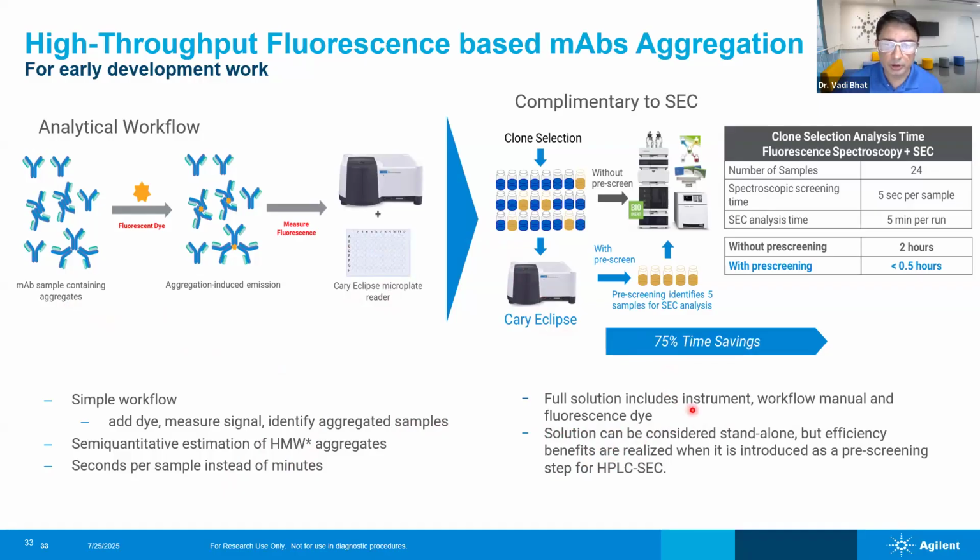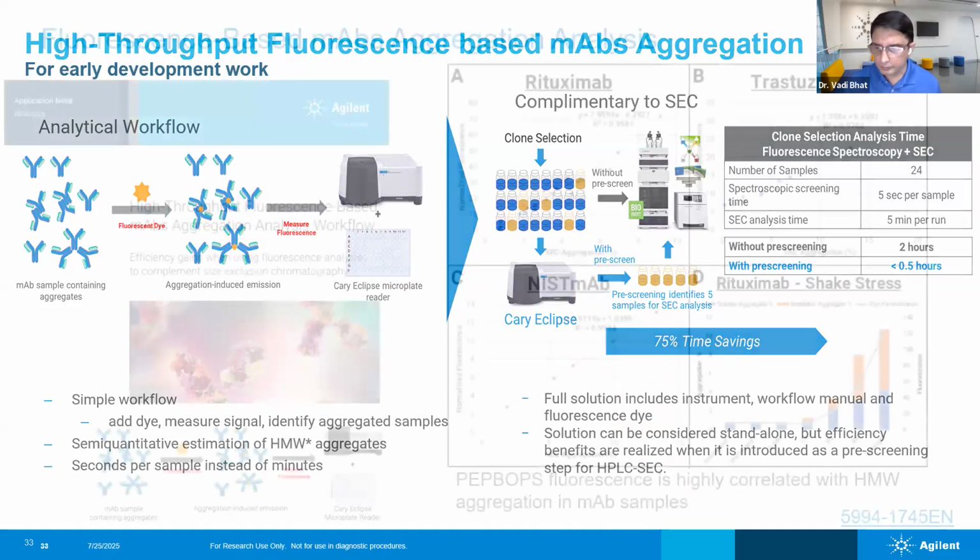The fluorescence-based approach is complementary to size exclusion, and in our application we compared how the data looks for size exclusion versus fluorescence. The ultimate goal is that you label in a 96 or 384 well plate format, and then you can scan really quickly, and the time is really saved. Essentially, you'll be saving 75% or more time if you use a fluorescence spectrophotometer for aggregate analysis.